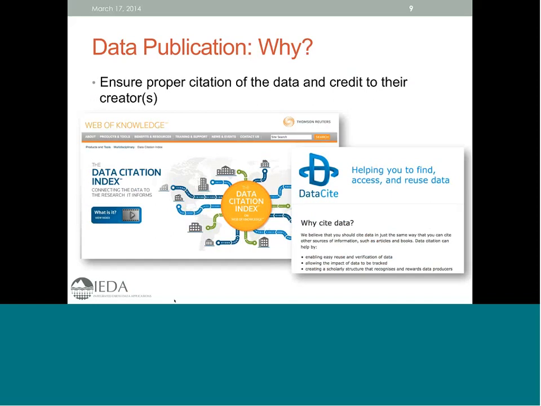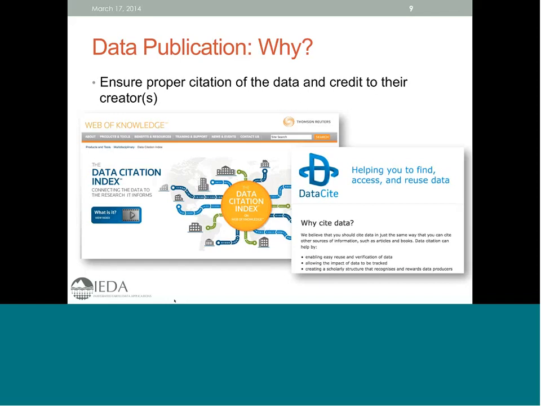The other aspect of data publication is that it can ensure the proper citation of the data, and it will give credit to the actual creators of the data, independent of publications. It can give credit to all those data that have not become part of published articles, but also to data that were included in a published article.